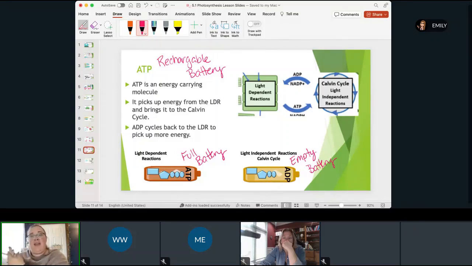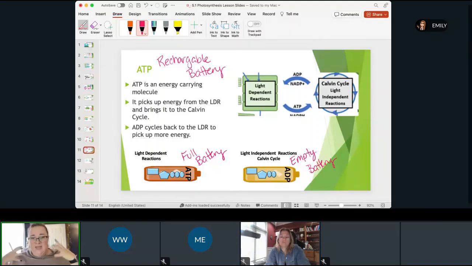So we use the ATP to build those bonds and make that glucose, okay? Then, because it was used, because it's a lot of work to make the glucose, you now have an empty battery that is ADP that travels back into the thylakoid to get recharged from sunlight to then go back and build more glucose.